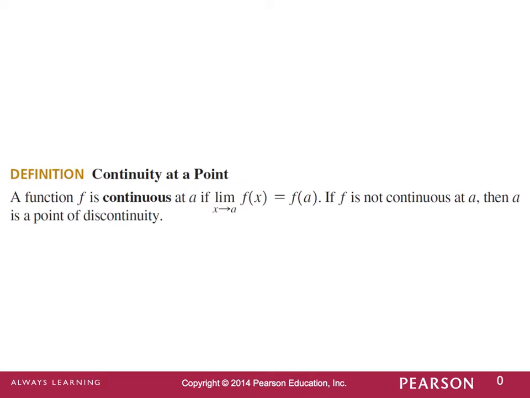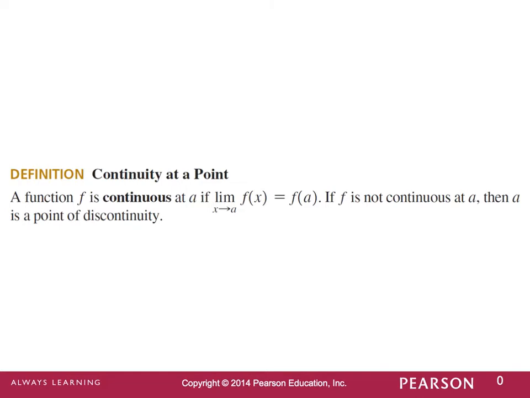And if f is not continuous at a, then a is a point of discontinuity. This definition is pretty concise at the surface, but there's more to it than what first appears. The key is, for the limit of f of x as x approaches a to equal f of a, both f of a and the limit must exist, and they must be equal.